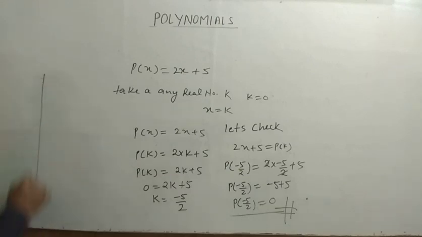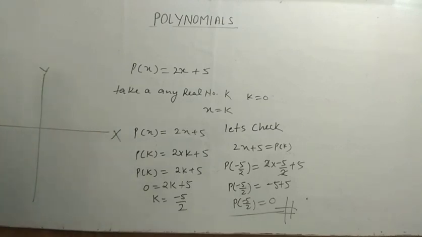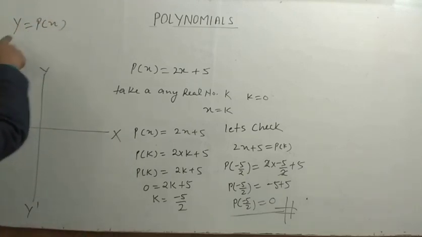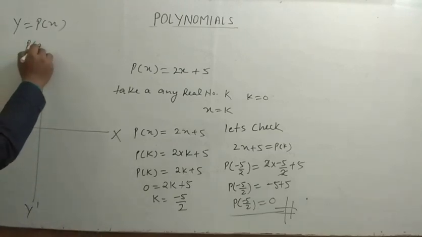So we have to study about the graph. Let's see, this is the x-axis, y-axis, x dash and y dash. Basically, when we talk about the zeros of a polynomial, we will find the zeros. So I'm taking here y is equal to p(x), and we need to find the zeros of the polynomial p(x).